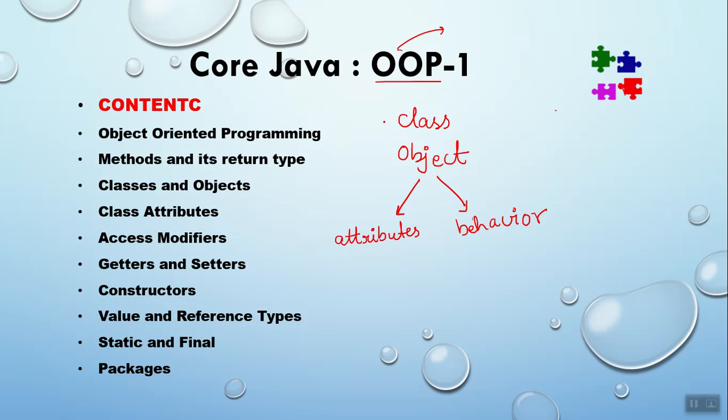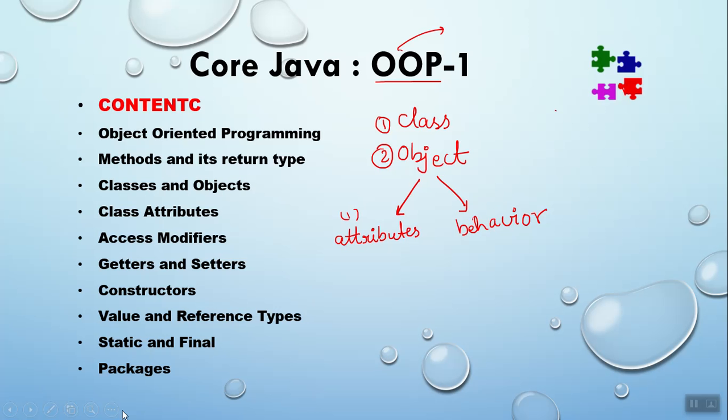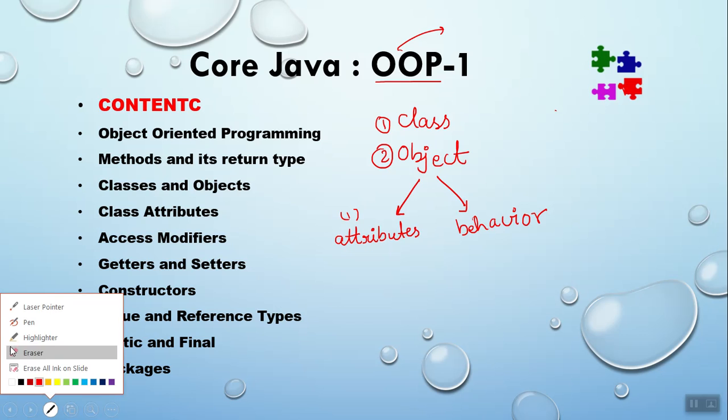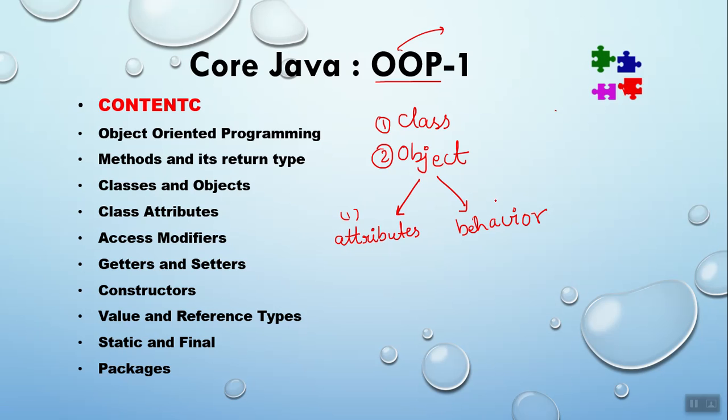Now, I have told you about two terms: class, object, attributes, and behavior.